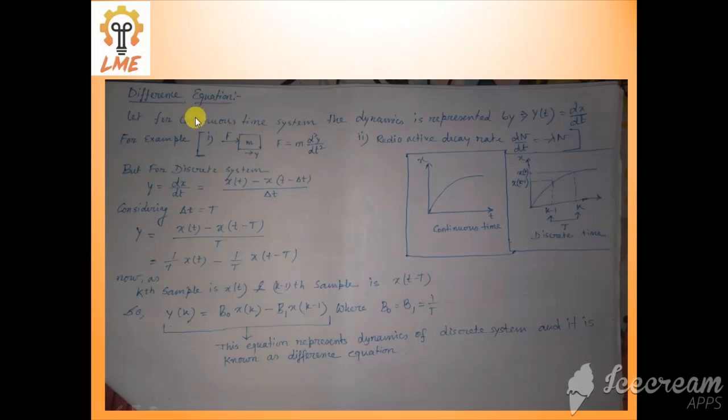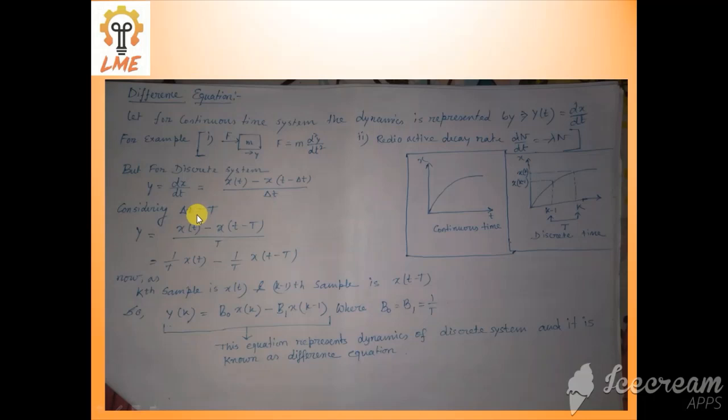Now see, y = dx/dt. This is a differentiation. If I take a small duration Δt, then dx/dt can be represented as (x(t) - x(t - Δt))/Δt.